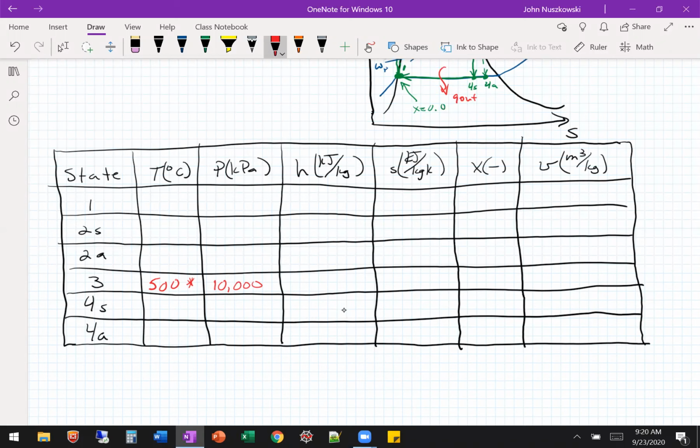All right, and then we got the condenser pressure, which is 10 kPa. So that would be 4 here. All right. Is there anything else we can get here for the table and fill in, knowing our schematic and our TS diagram?